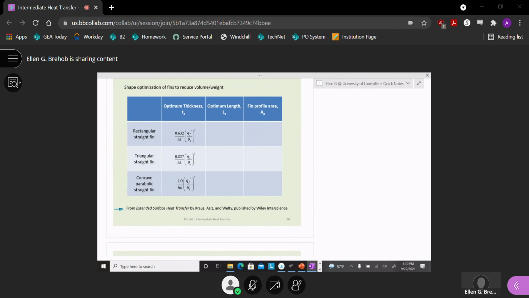And because we just saw that picture for the rectangular, triangular, and parabolic fin, they have a set of equations that they have optimized the thickness. And so they put a little 0 here to show t_0 is the optimized thickness for a rectangular straight fin, a triangular straight fin, and a concave parabolic straight fin. So those 3 cases that we just looked at.